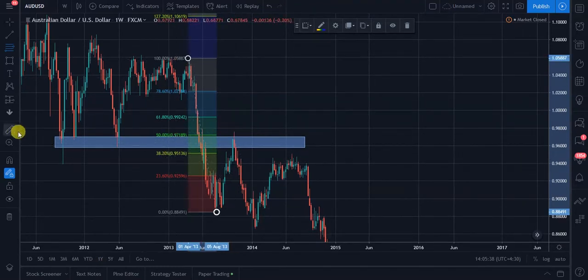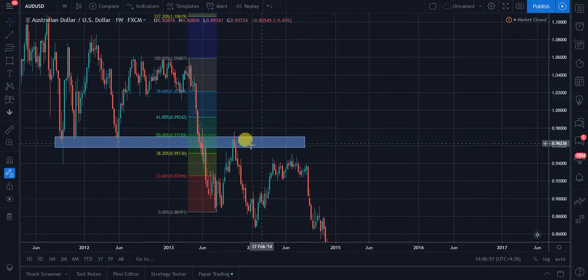For example, here is a great zone of support that turned into resistance, and this is the same area as 50% of Fibonacci retracement. So this is our entry level here.